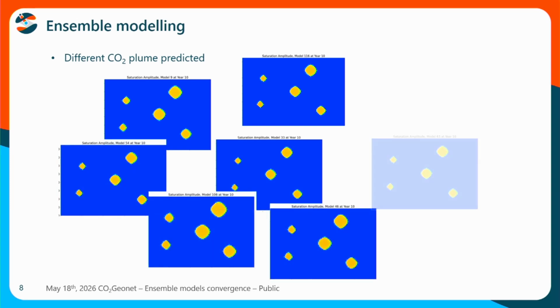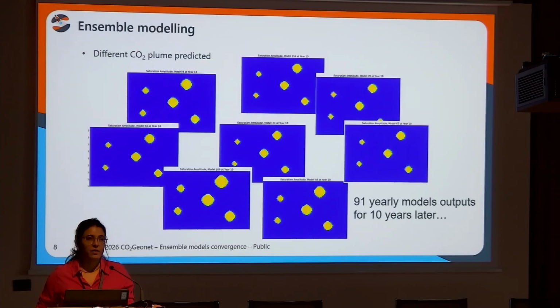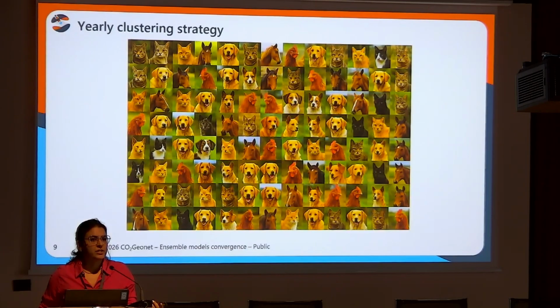Quick view. These are all of the models from the synthetic use case. Well, not all of them, because we have 91 for 10 years and 1 per year. So in the end, you have a map view of all of the CO2 plume shapes, and it's just a lot of images. I could synthesize this by saying, this is the kind of images that you have: a lot of dogs and cats, and some images that are similar to others.